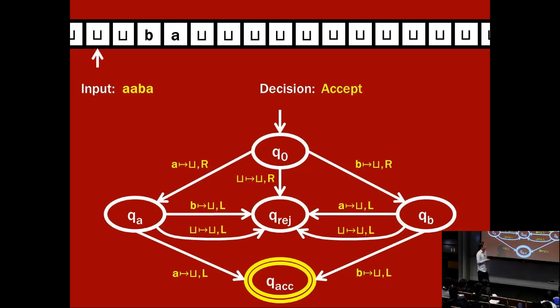OK? Now we're in this state. We're reading an A, so we follow this arrow. And we write a blank, and we move the head to the left. So we'll do that. And now we get to the reject state, and the decision is reject. Okay, so this machine rejects this string.